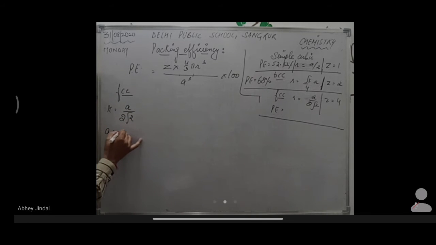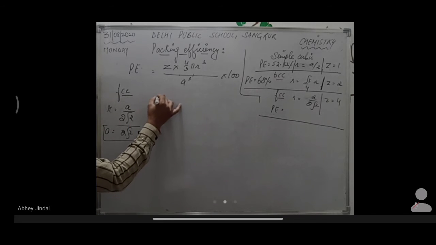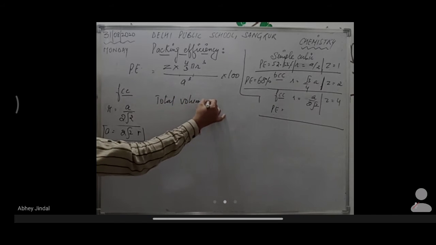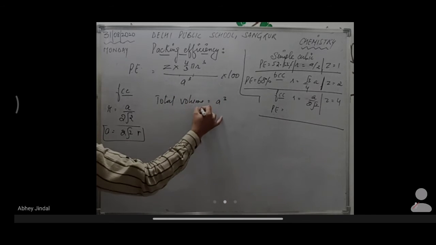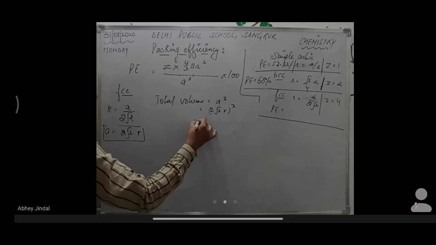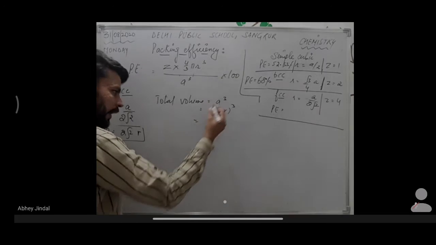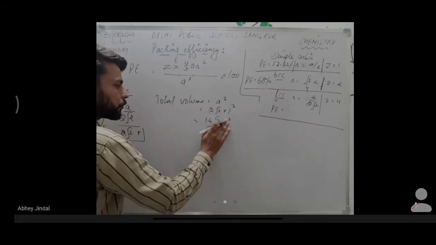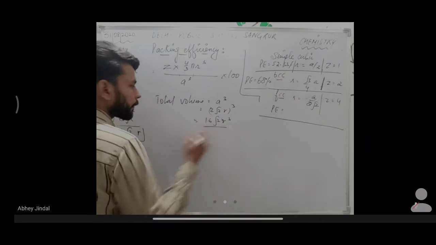So a becomes equal to 2 root 2 r. Okay. Now total volume for FCC is always equal to a cube, that is equal to (2 square root 2 r) whole cube. 2 to the 4 to the 8, 8 into 2, 16 square root 2 r cube, it will become the total volume.